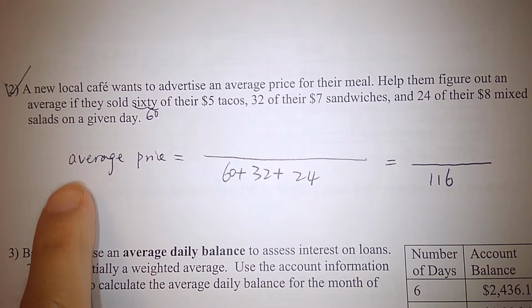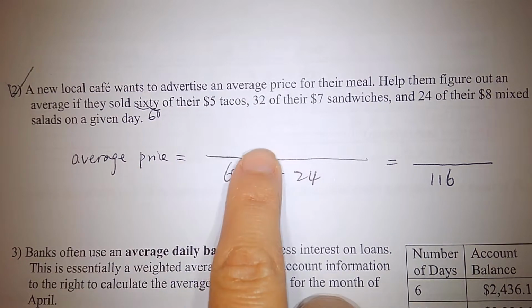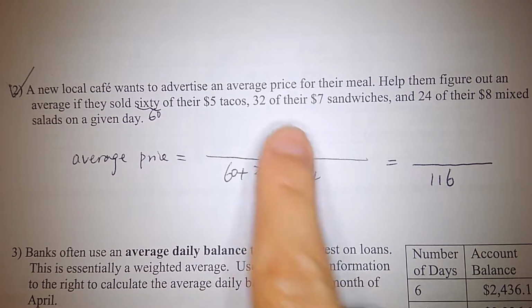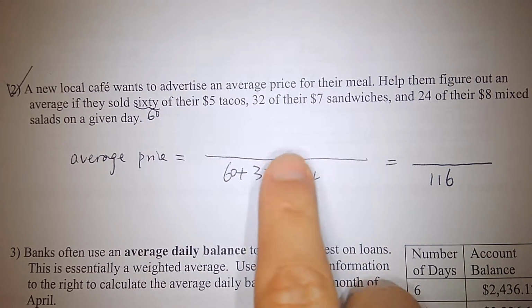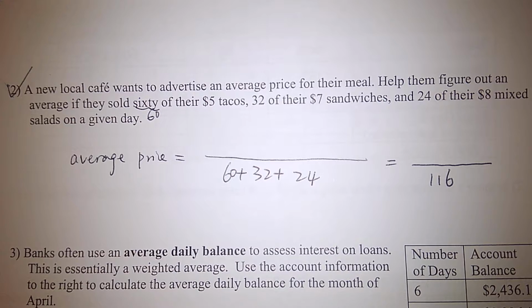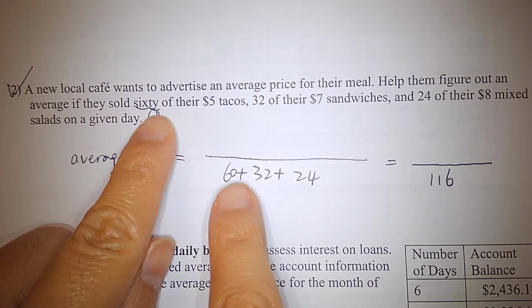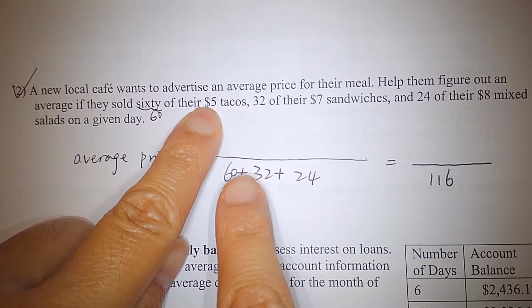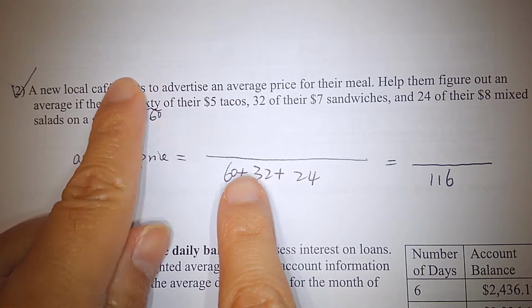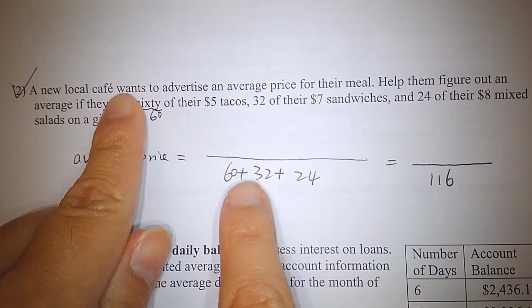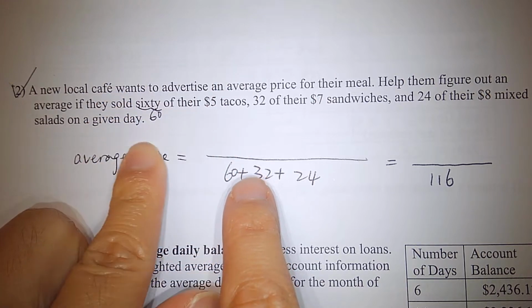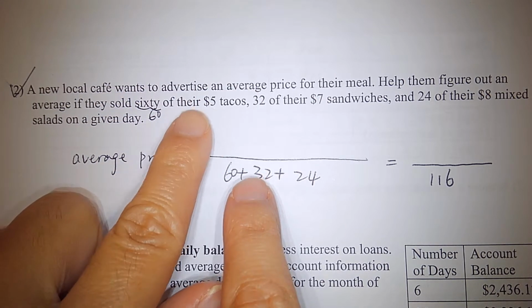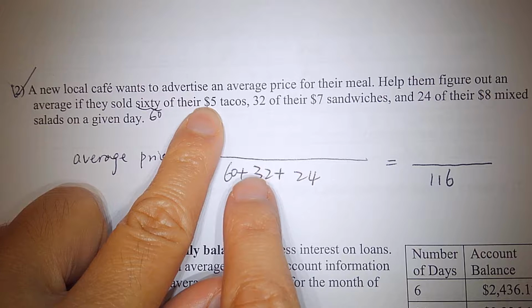Alright, in order to find the average price, we need to know the total price over the 116 meals. So what about the total price? 60 of $5. So what is the revenue, or the price of these 60 $5 tacos?